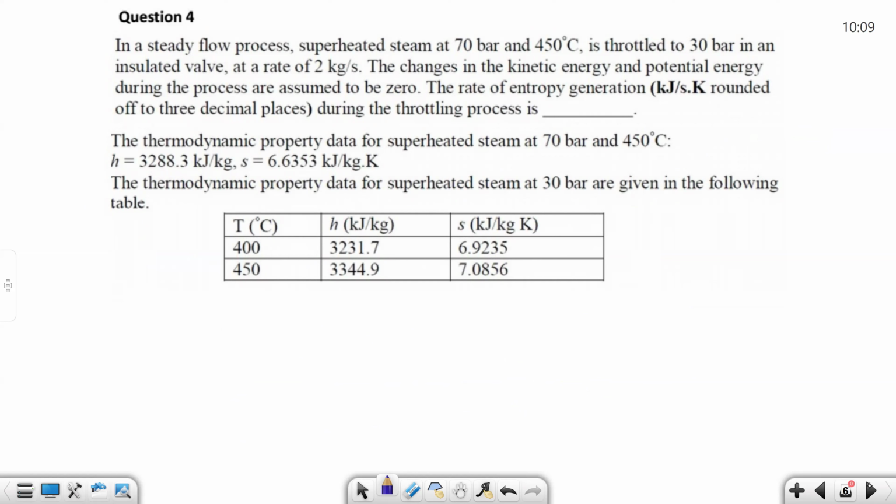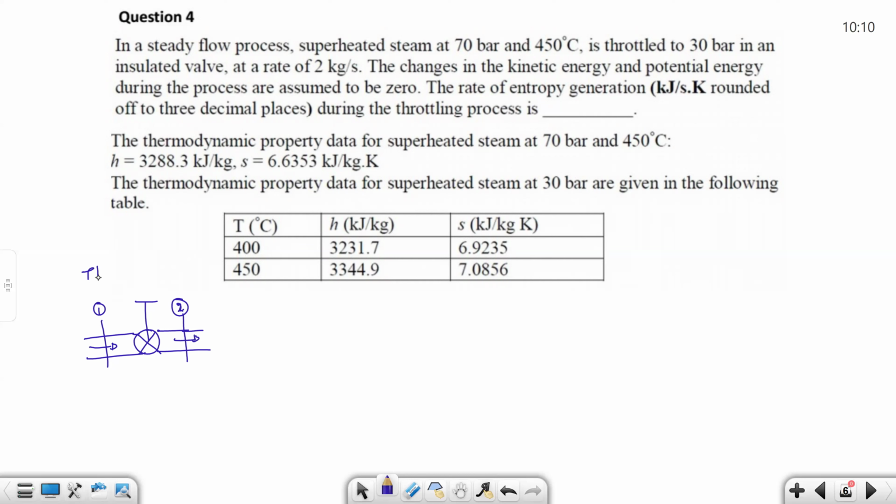In a steady flow process, superheated steam at 70 bar and 450 degrees is throttled to 30 bar in an insulated valve. So you have a valve. So you are throttling. This will be state 1, state 2.